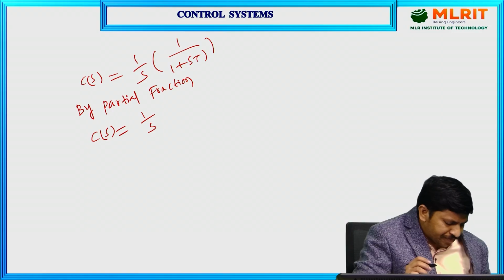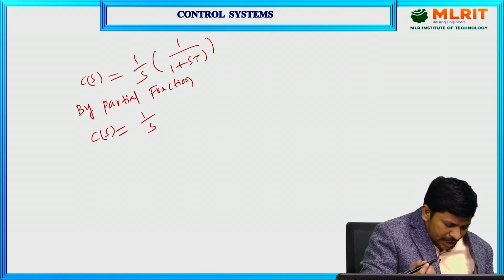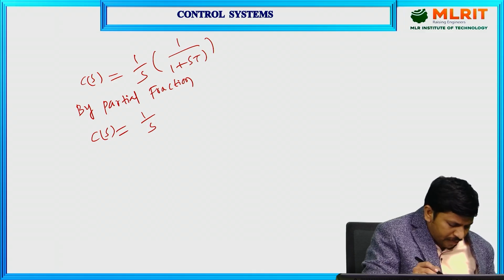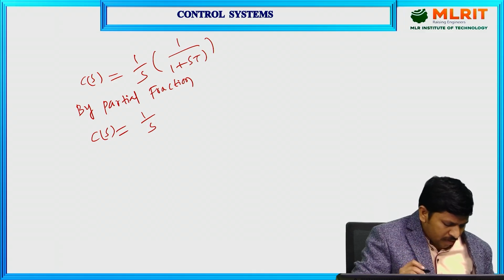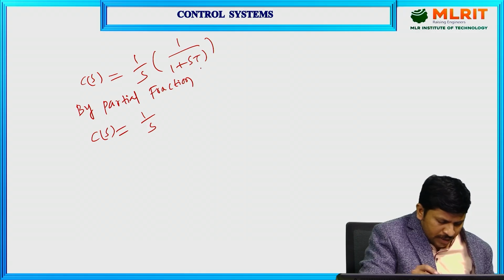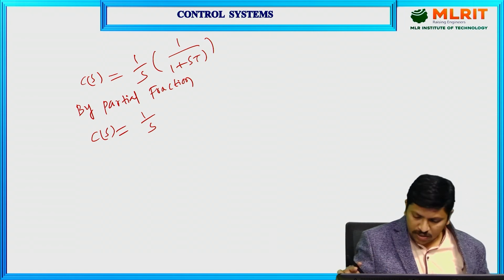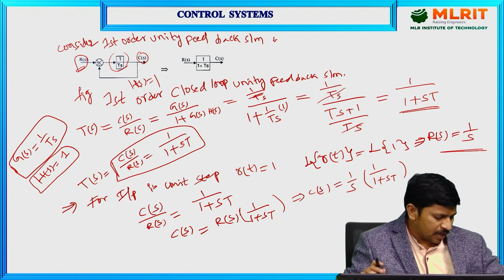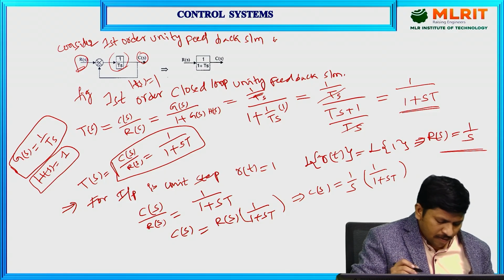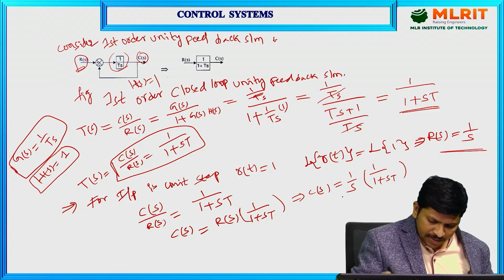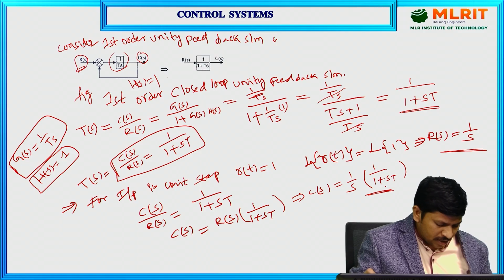We already know this equation. 1 by s into 1 by 1 plus sT, right? This equation up to here is clear.